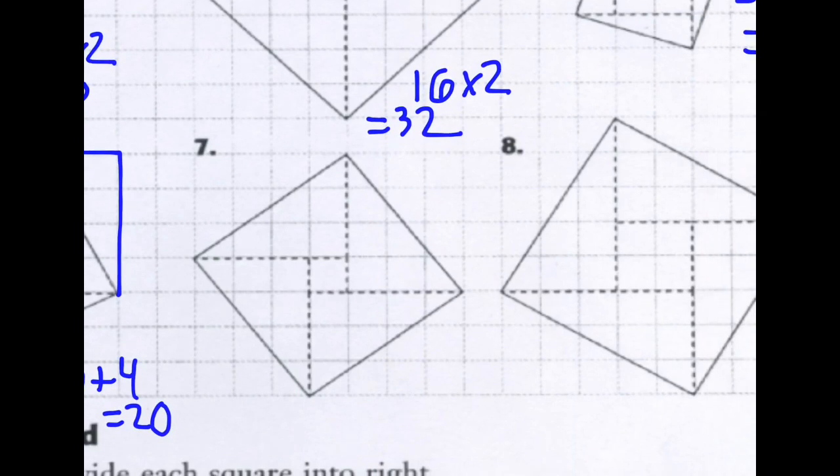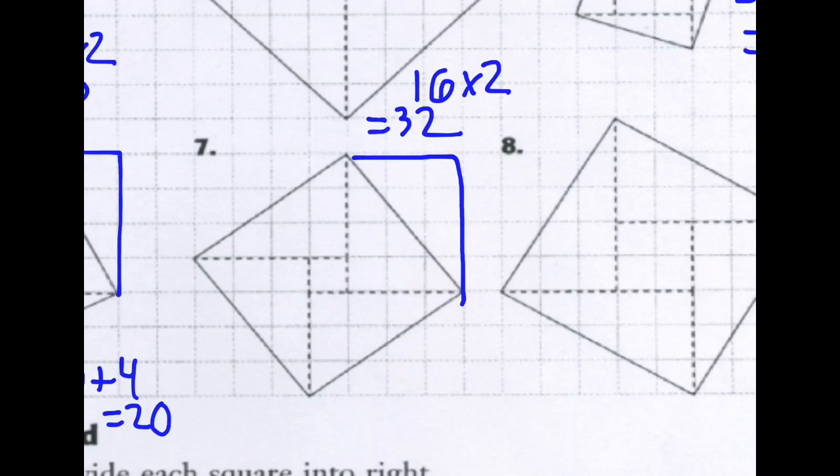Okay, let's take a look at 7. Again, 7 has 4 right triangles. I'm going to take one of those right triangles and connect it. So now two of those right triangles make a rectangle. Count the area of that rectangle. 1, 2, 3, 4, 5, 6, 7, 8, 9, 10, 11, 12.